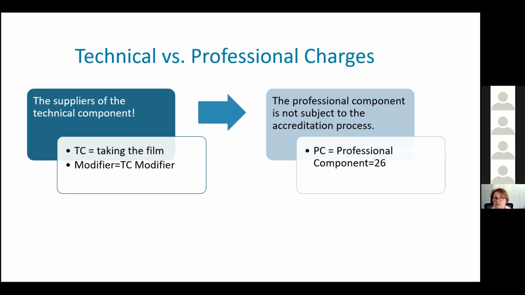Now, the radiologist is not subject to the accreditation of the machine, but they are subject to accreditation in their own right. So don't take this wrong, because I want to make sure that you understand, for you to bill the taking of the film, the accreditation component is very important.